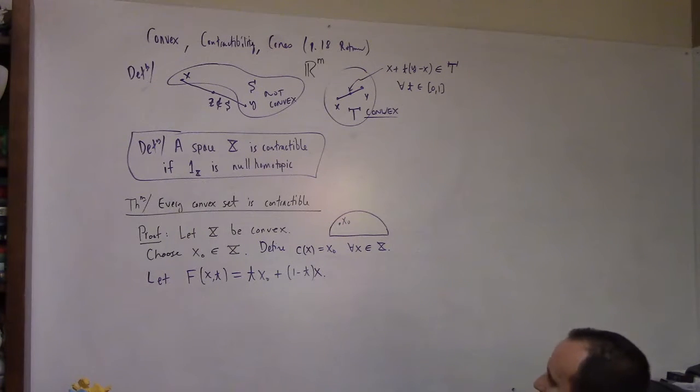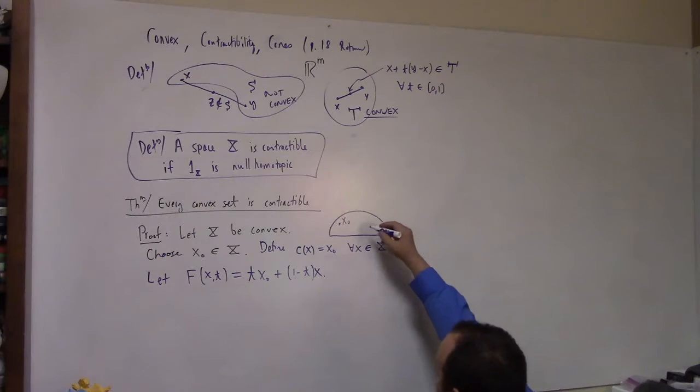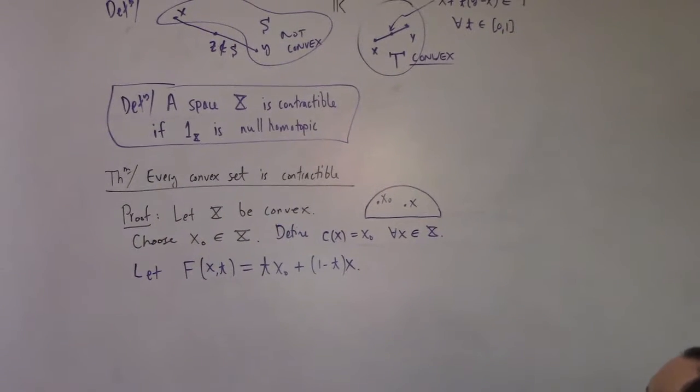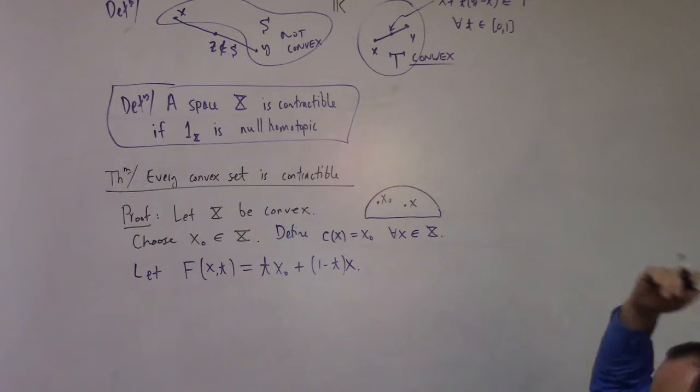There's got to be some picture to draw to explain what he's doing. But anyway, does it work? This is continuous, right? When we put t equal to 0, we get the identity function. You just get x back.